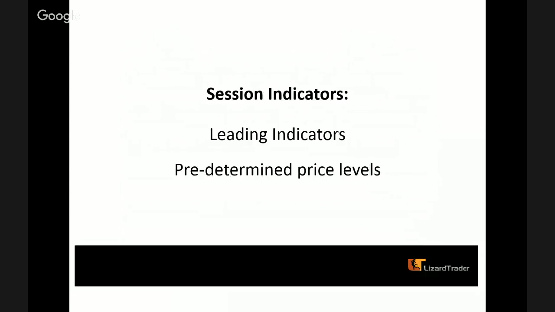So these are price levels that are commonly agreed meeting points in the marketplace where buyers and sellers will transact. And all you have to do is take a look at a chart, and you will see that pretty quickly later on in the webinar here today.